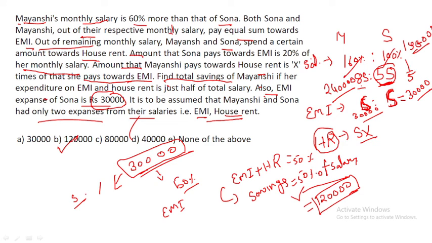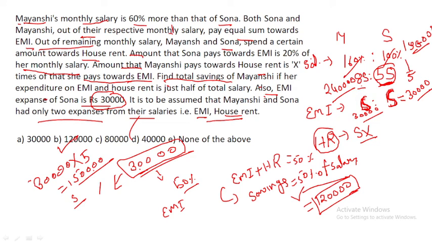She spent 30,000, which is 20% of her salary. So if 20% of Sona's salary is 30,000, then Sona's salary will be 30,000 into 5, means 1,50,000. And Mayanshi's salary is 60% more than that.